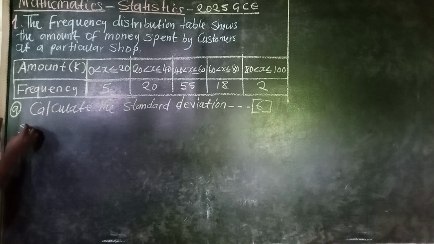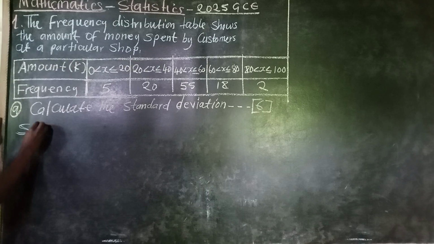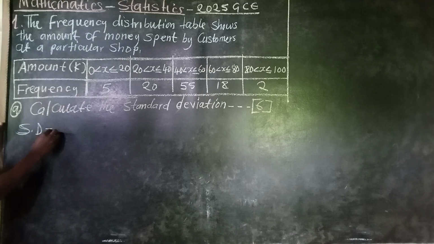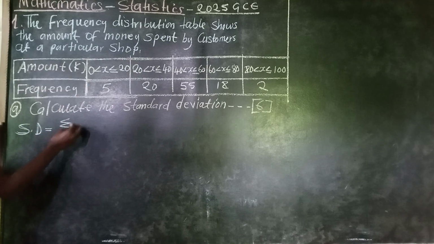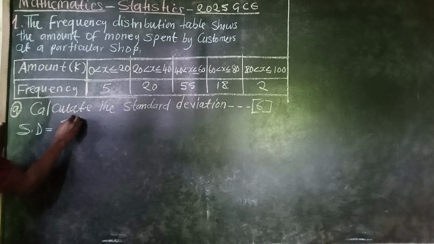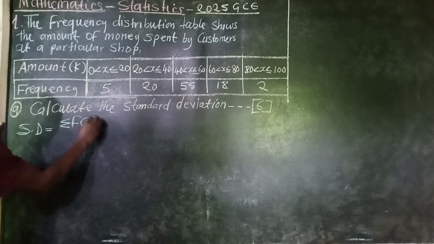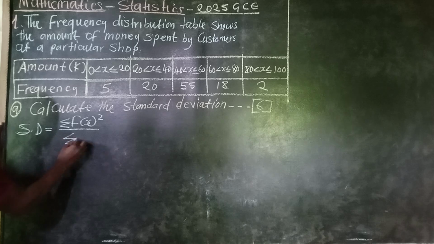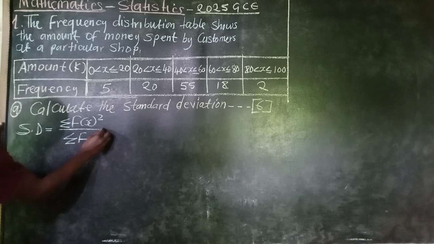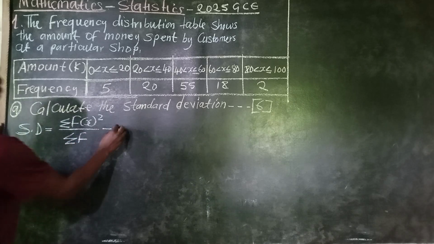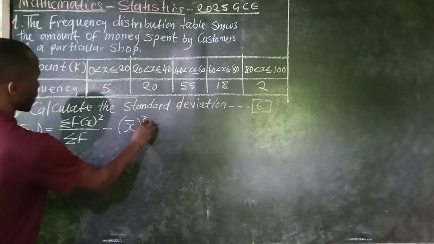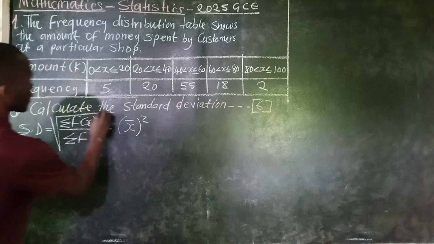So the standard deviation formula first. Standard deviation, which is abbreviated as SD, is equal to the square root of summation f of x squared over summation frequency, minus the square of the mean.